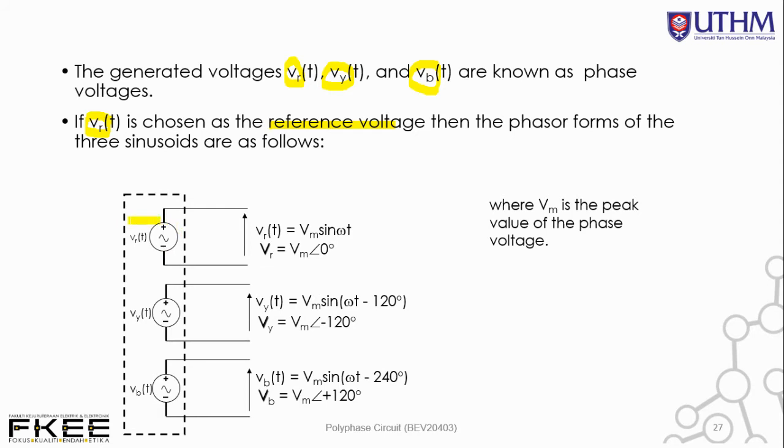This is your reference neutral voltage. So we can simply write that VR is equal to Vm sin omega t, or in simple form, we can write VR equal to Vm with zero angle. All right. So why zero? Because it becomes our reference.